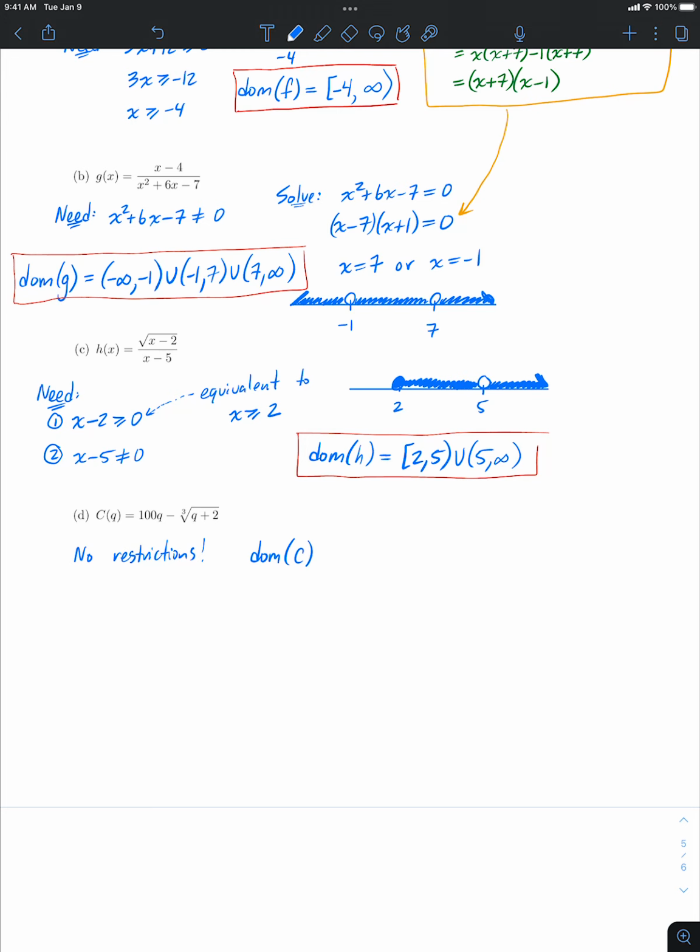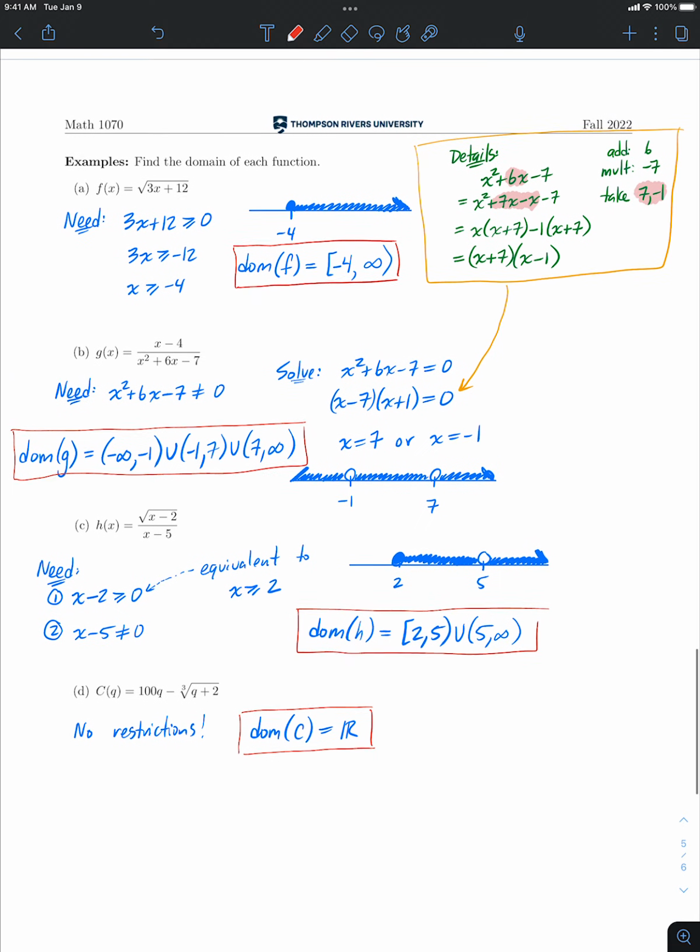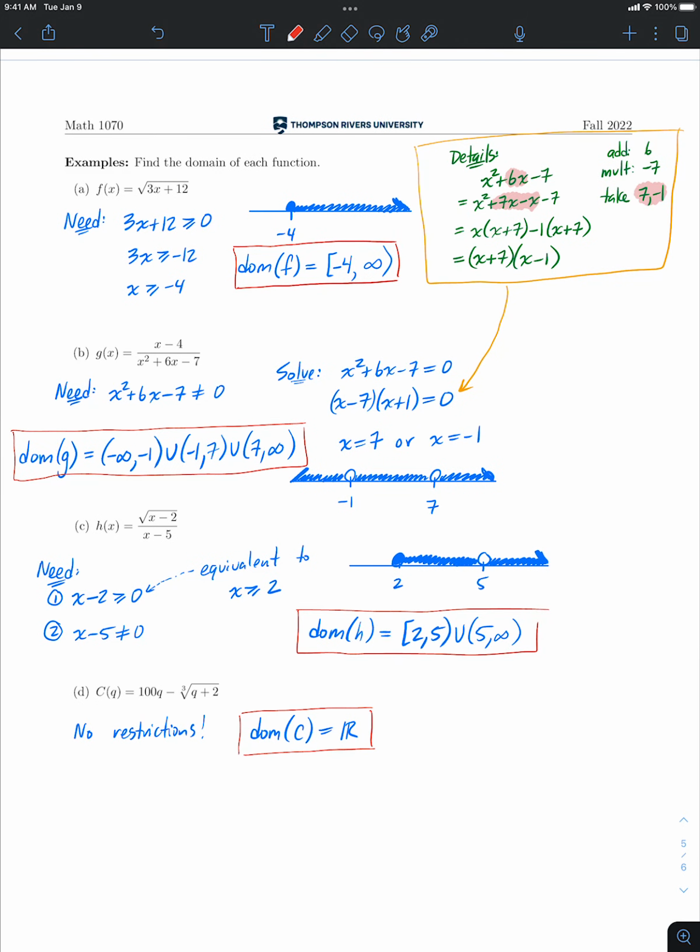So the domain of c is all real numbers. Okay, so that is how you can find domains. Sometimes this function, maybe at first glance, looks like it's fairly complicated, but it turns out it was the simplest of all four functions when it comes time to find the domain. Okay, so that's the end of this section. Now you know how to find domains.